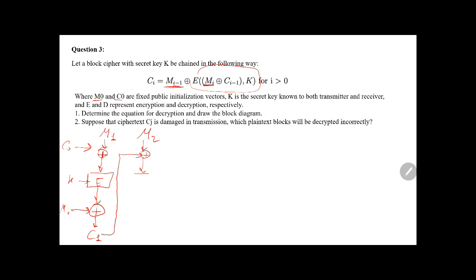I will go to the encryption block with key K, and then I XOR with M of I minus 1, which is this one here, M1 in this case, not M0 anymore. And I have my C2. And I keep doing this. As you can see here, this one is chained. Chained means that each block is connected to the previous block and to the next block.